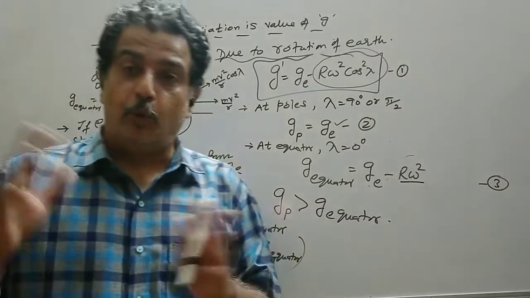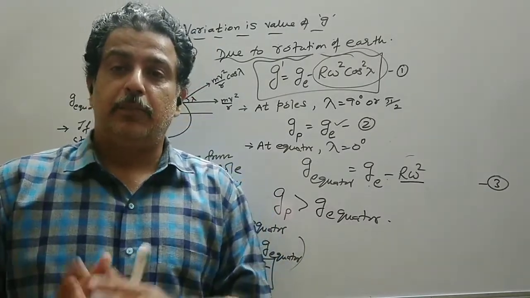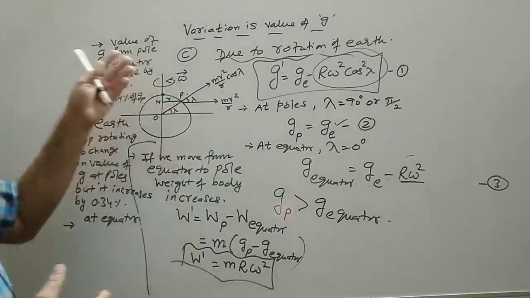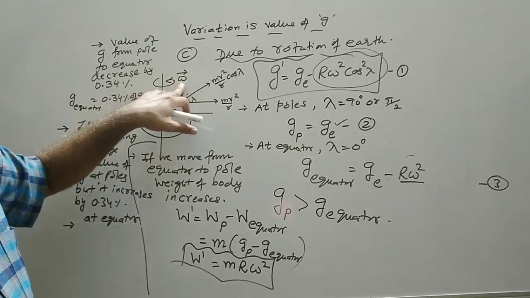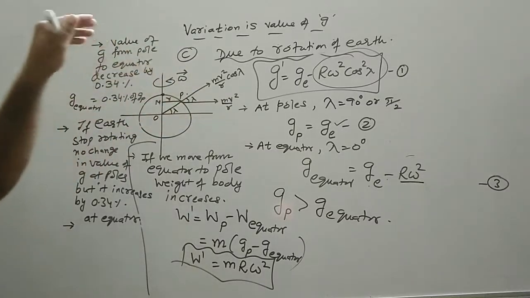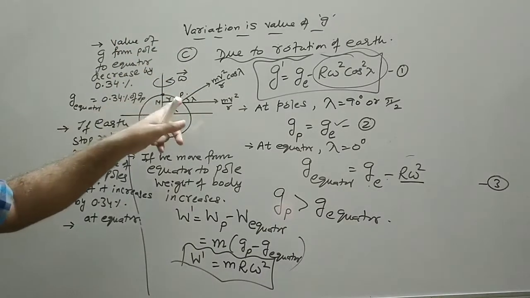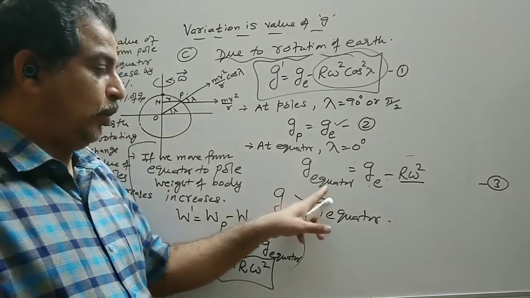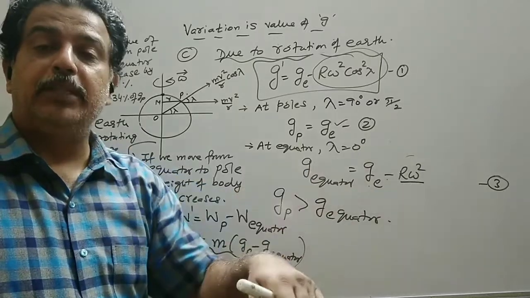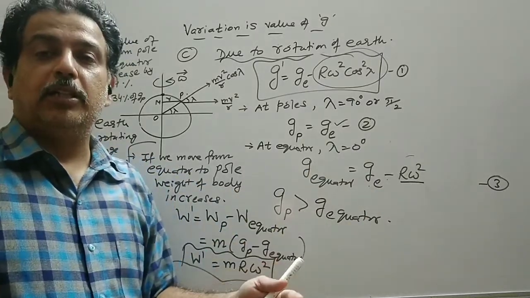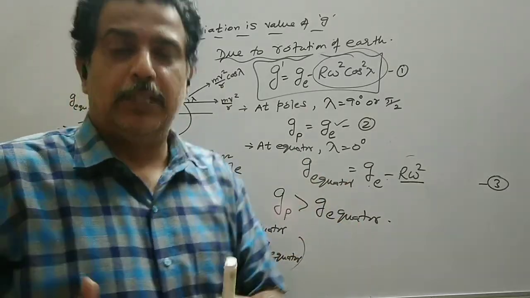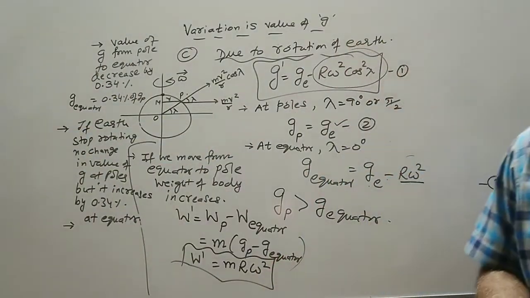So at the pole there will be no effect, but if the Earth increases or decreases its angular speed omega, there will be an effect on the value of g at the equator, because the equator has an r omega square term. At the same time, the duration of the day will also change. That portion we will discuss in the MCQ.